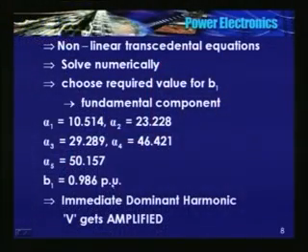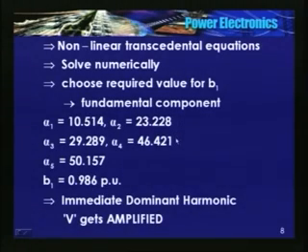I will repeat. The value of B1 we found to be 0.986 per unit. Now using these angles, without approximating them, if you try to calculate the 17th harmonic, you will find that its magnitude may be equal to or slightly higher than 0.986 per unit itself. It really gets amplified.